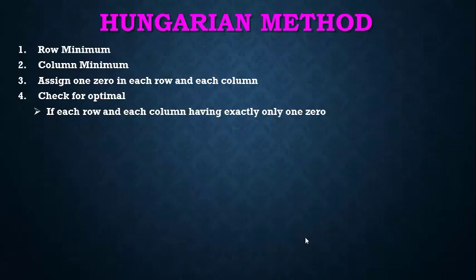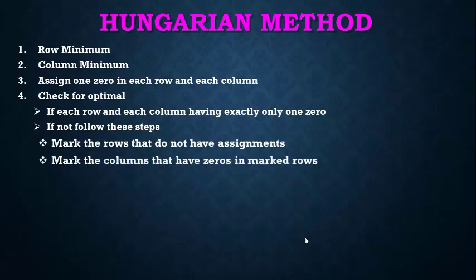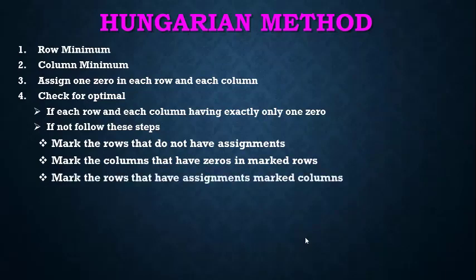If each row and each column has exactly one zero, then the solution reaches optimal. If not, we are going to follow these steps. First, mark the rows that do not have assignments. Then mark the columns that have zeros in marked rows. And then mark the rows that have assignments in marked columns.